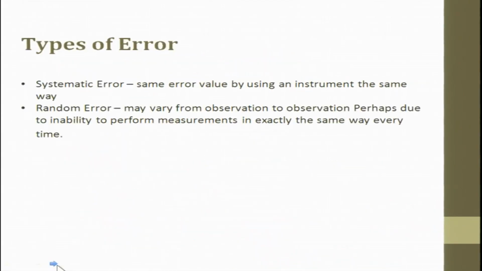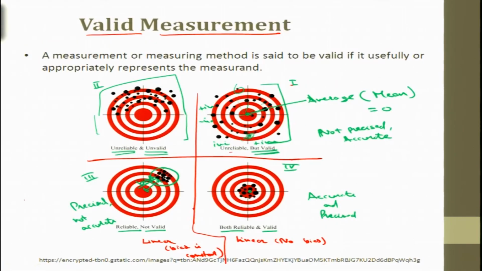So, types of error, just to recall the two major types of error: systematic error and random error. In systematic errors, the same error value comes by using an instrument in the same way, like the bias which I just showed. This is a systematic error, and this is a random error.